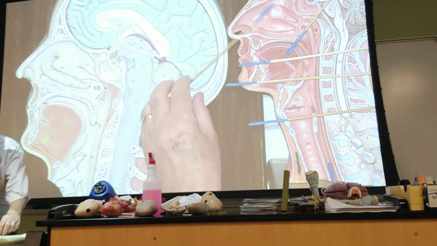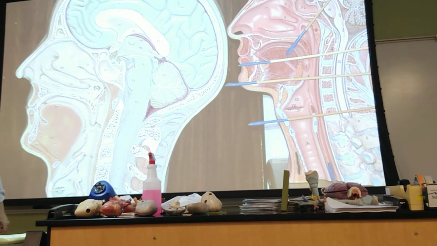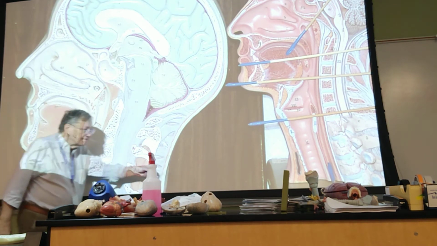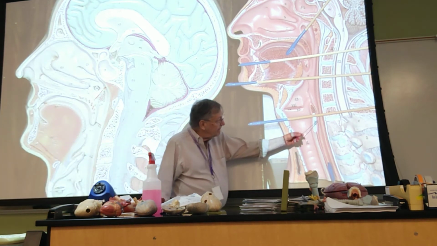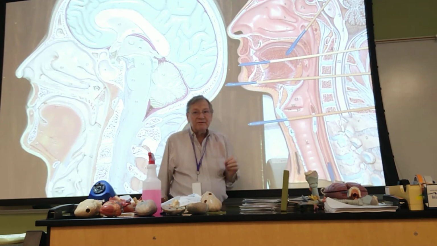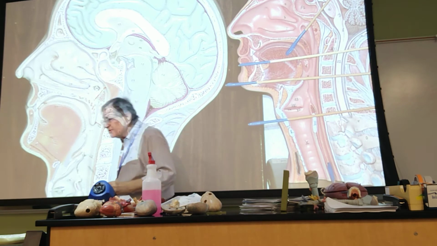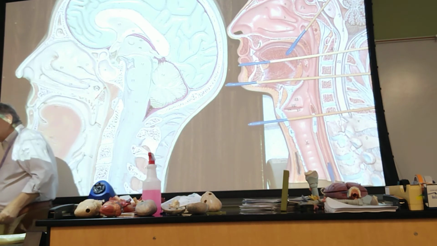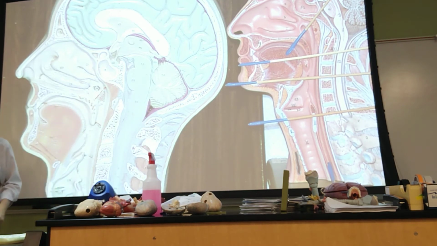Now we got it. The pharynx is continuous with your esophagus. Your esophagus, of course, is going to your stomach, which we will visit and say hello to when we get to digestive. Okay?